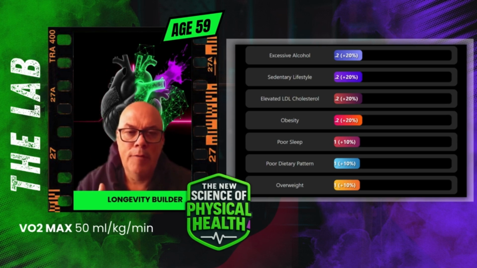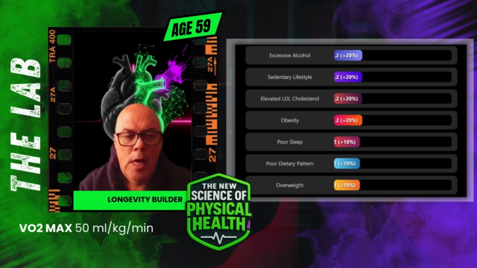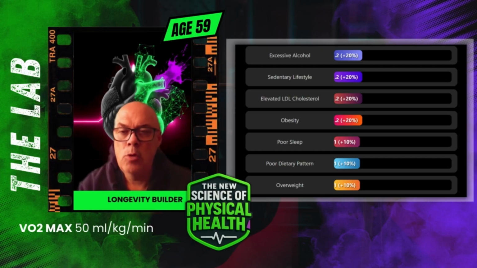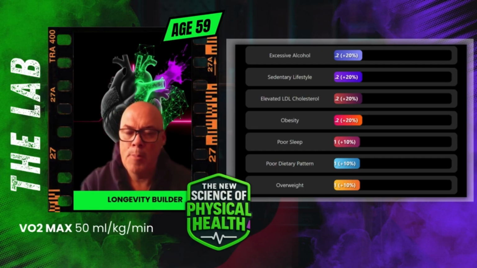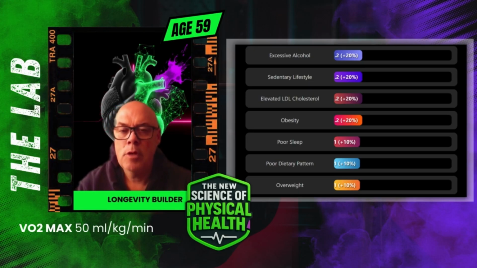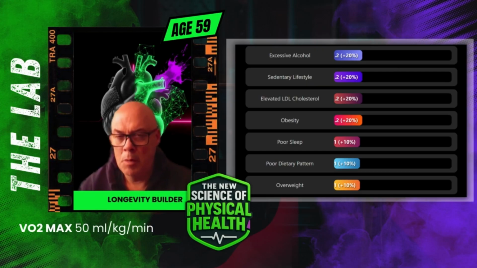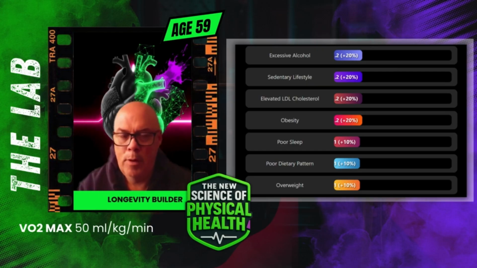Let's move up now to elevated LDL cholesterol, which I mentioned a second ago. That has a hazard ratio of 1.2. If you have, or you know people who have, elevated low-density lipoprotein cholesterol above, let's say in Australia, we measure it in millimoles, 4.6, 4.7, 5.